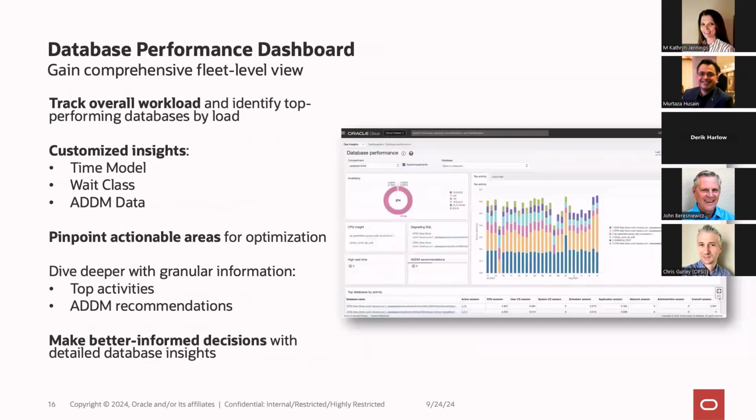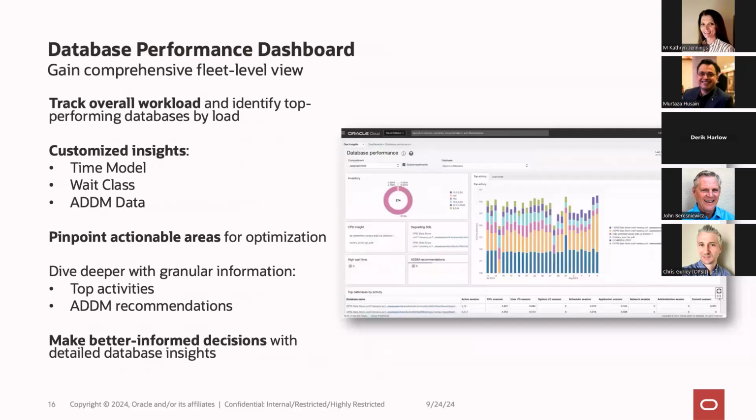This is also a new feature that we have added in Ops Insights. Right now it's part of a dashboard experience, but eventually what we envision is an application within the Ops Insights service. We call it the database performance application, which helps you gain a comprehensive fleet-level view across your fleet of databases.